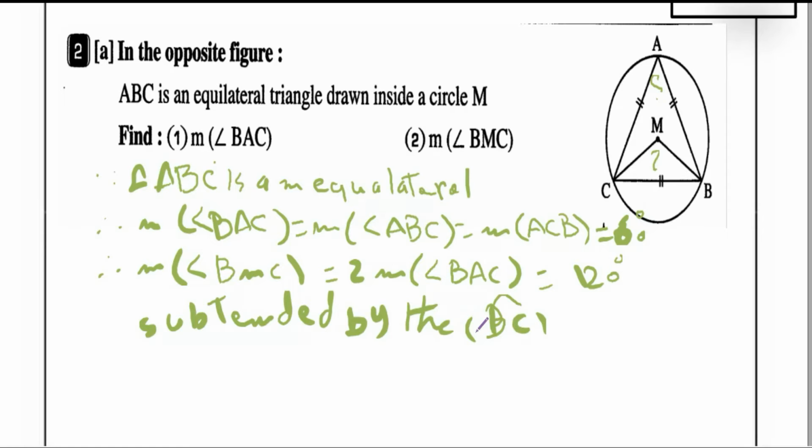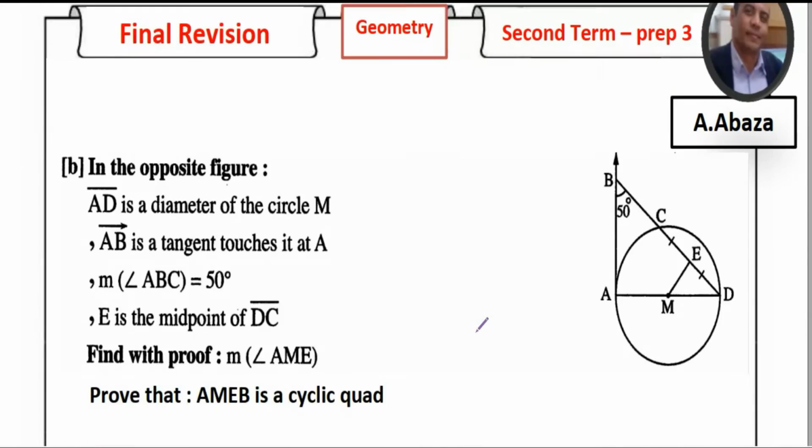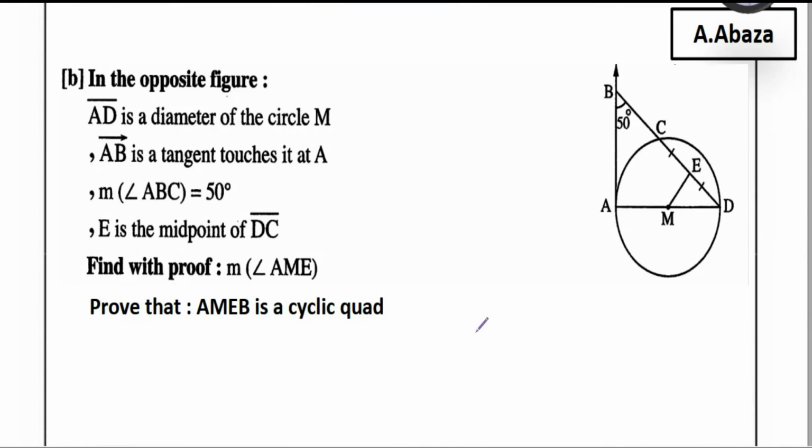Thank you. The next: in this figure, AD is a diameter in the circle M, AB is a tangent, measure of the angle B equals 50 degrees, E is the midpoint of DC.